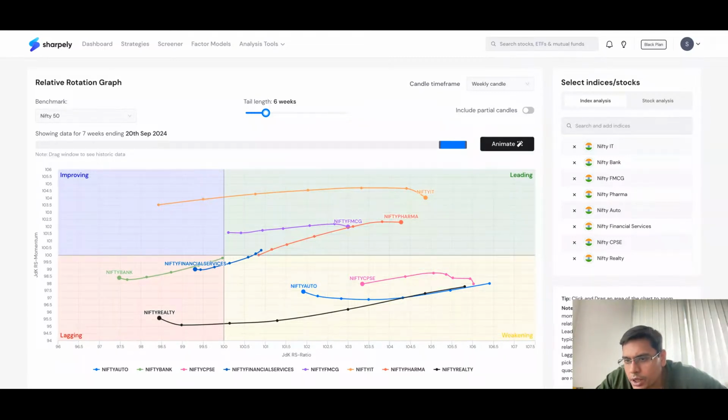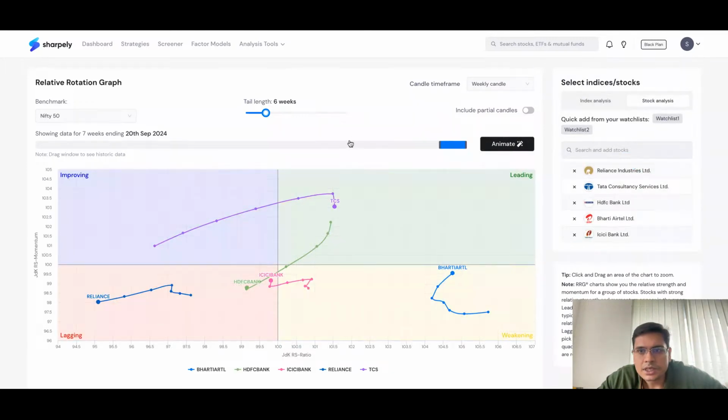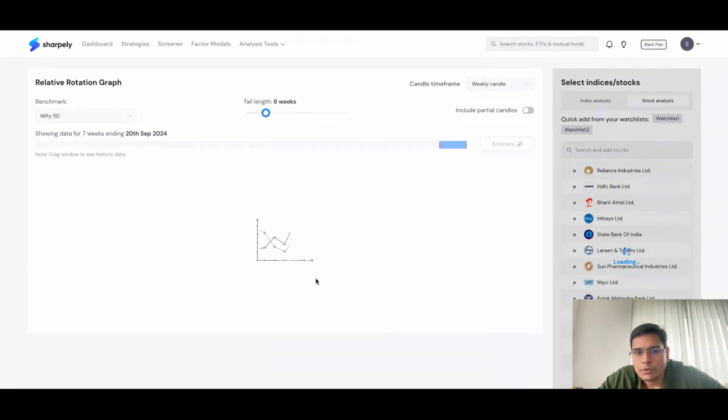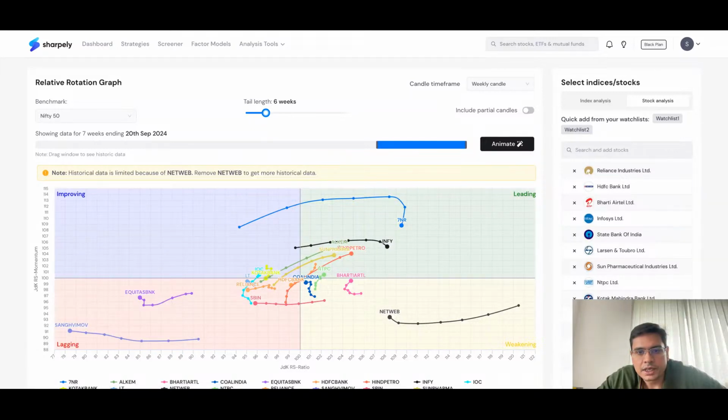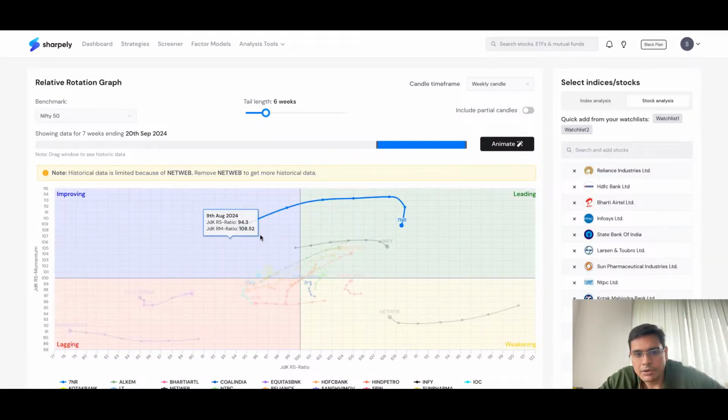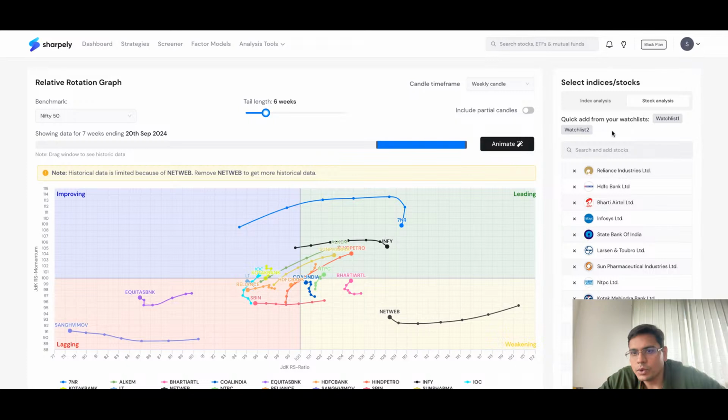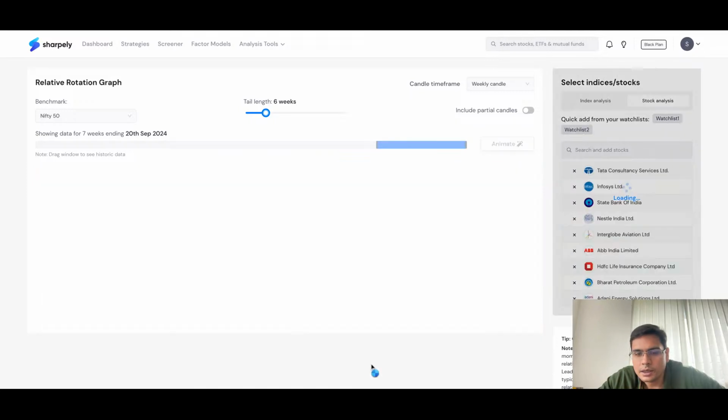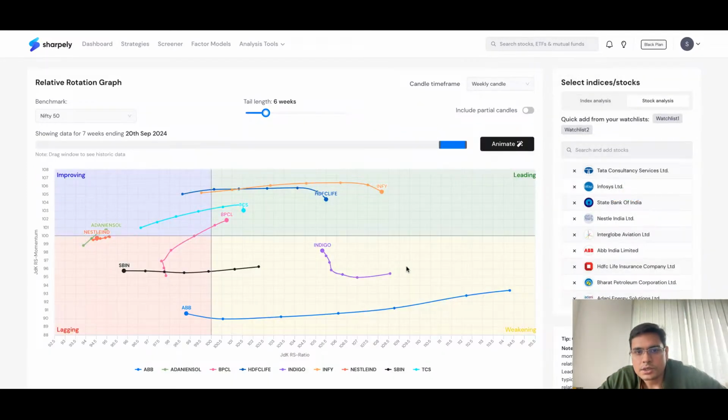So in the sector rotation chart, you go to the stock analysis tab and you can just click on any of your watch lists and it will show you your watch list analysis of the sector rotation chart. You see, these are my watch lists, this is watch list 1 and this is watch list 2. So I hope that answers the question.